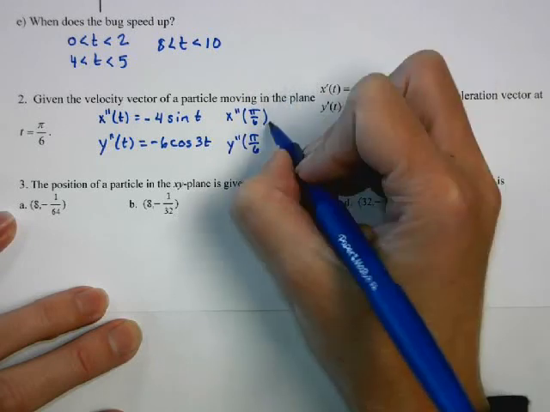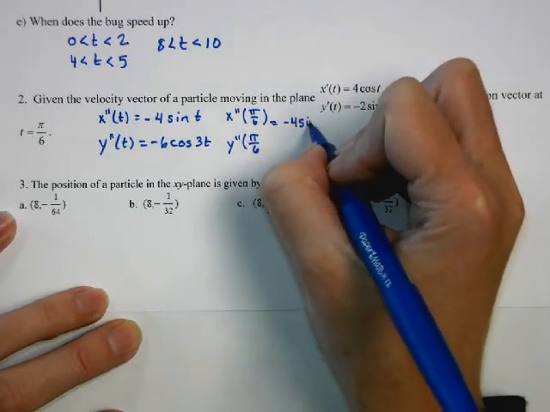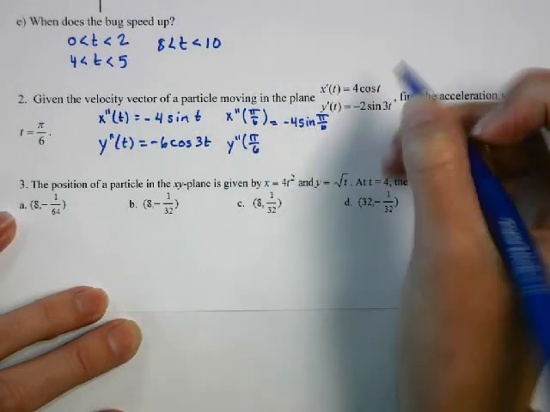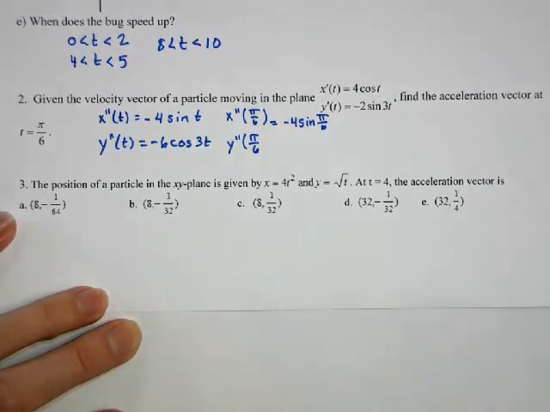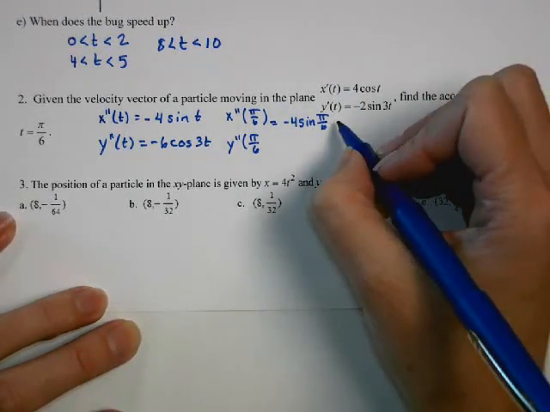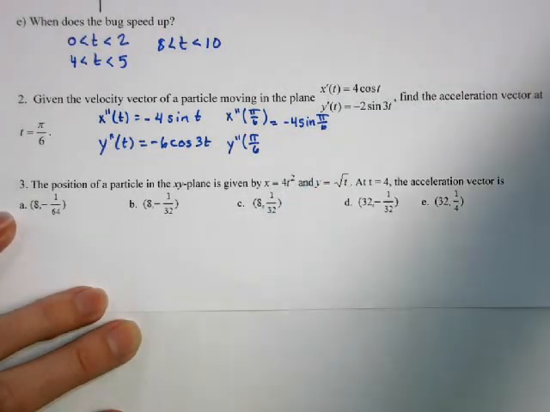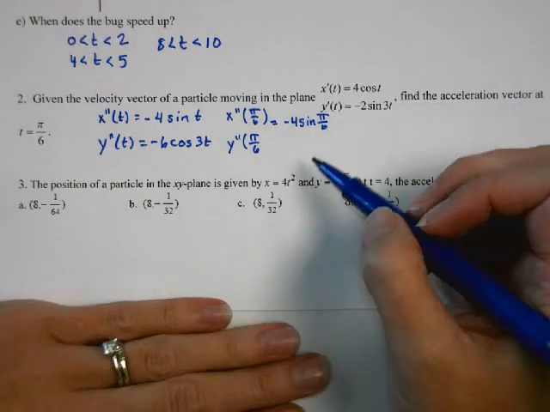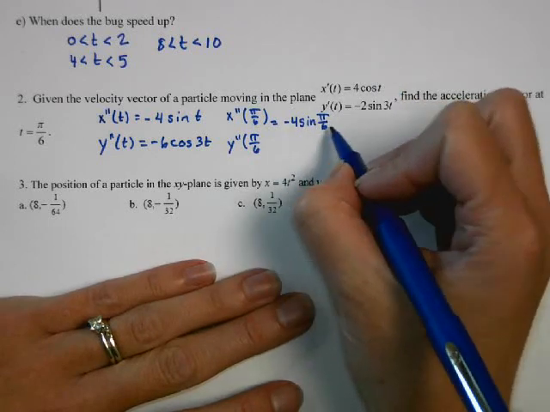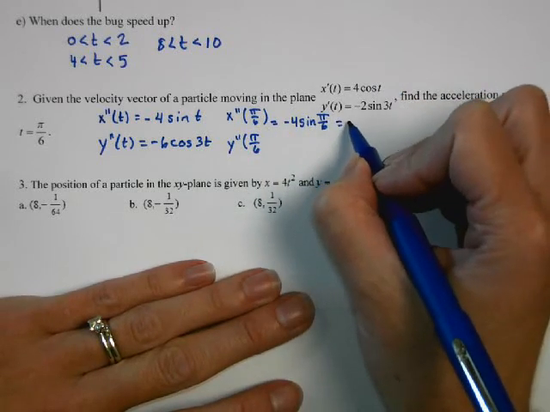So that's going to be negative 4 sine pi over 6. Sine of pi over 6 is 1/2, times negative 4 is negative 2.